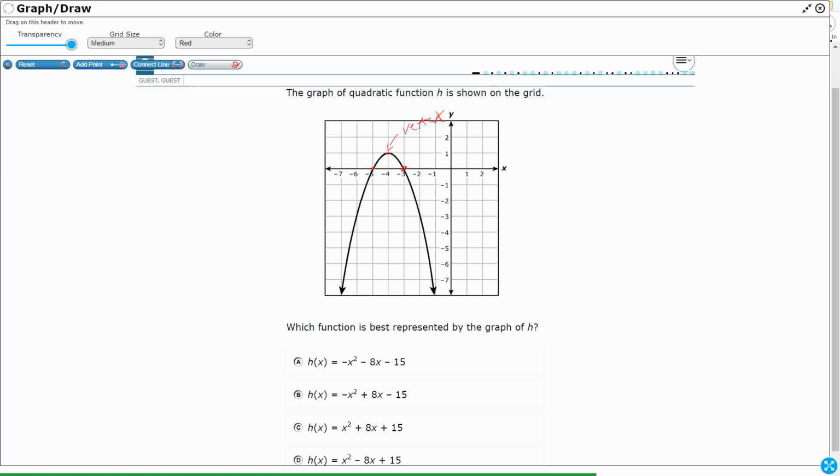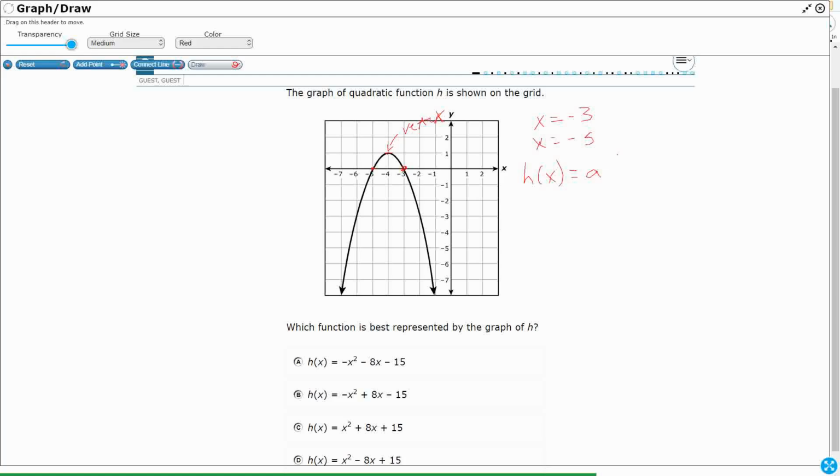Well, one way to do this would be to take a look at these zeros. When we've got these solutions, that's when x equals -3, and then when x equals -5. If we think about our factored form, this is h of x, so the factored form is going to be some type of multiplier on the outside.